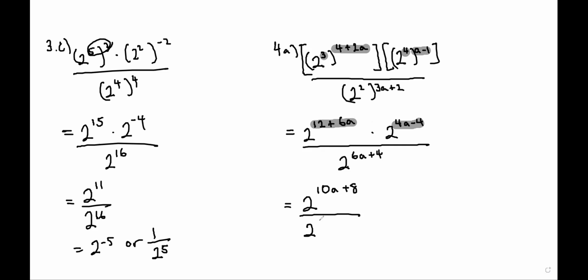That is all over the denominator. And again, the bases are the same, so this time the exponents are going to subtract. 10a minus 6a, 4a. 8 minus 4, there it is. That's the final answer.